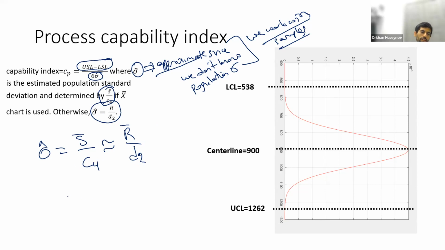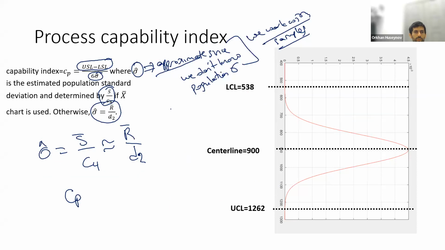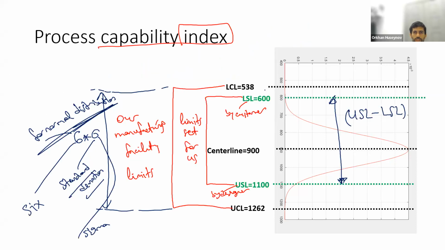And then for the Cp value, if I go back, what we are doing is comparing this range, which is USL minus LSL, with that range. You can see this part from LCL to UCL. We are comparing these two ranges.